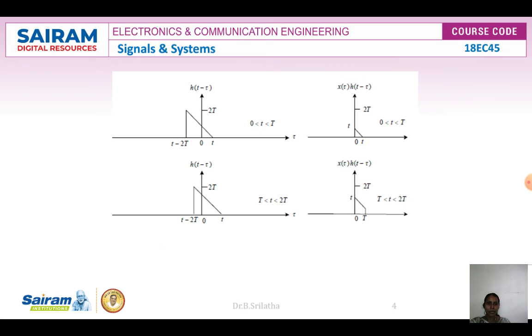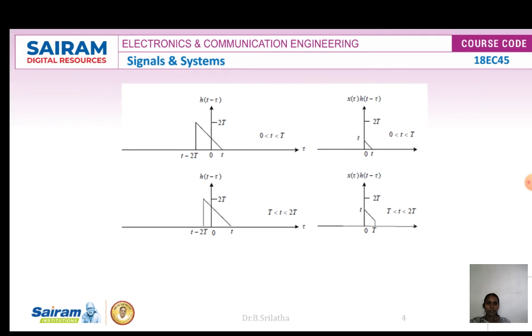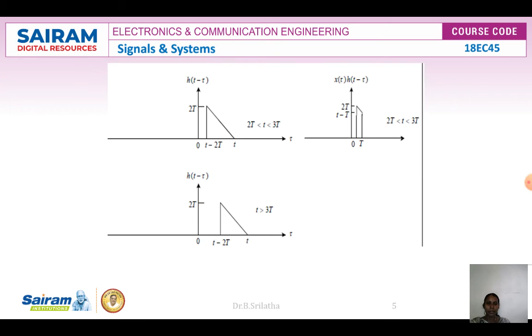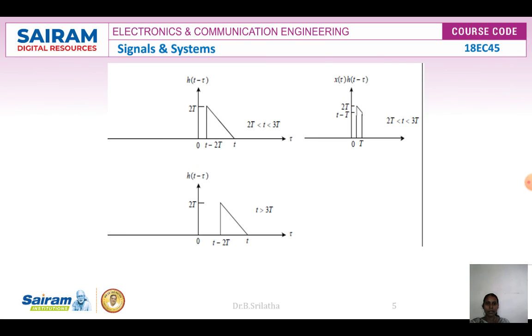Next, for T to 2T, it exists from t minus T to t. Same way, for 2T to 3T, the product exists from t minus tau to 2T. If t is greater than 3T, the value is 0 only, so y of t is 0.